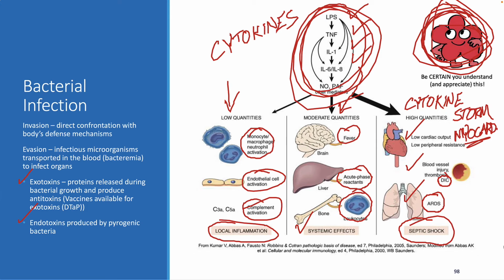All right, so DTaP for one is an example. Endotoxins are a little different. Endotoxins, typically gram-negative bacteria that cause endotoxin release. These are pyrogenic bacteria. They cause septic shock, among other things. And so when you have gram-negative sepsis, it's the endotoxin that is largely responsible for those outcomes that we're concerned with.